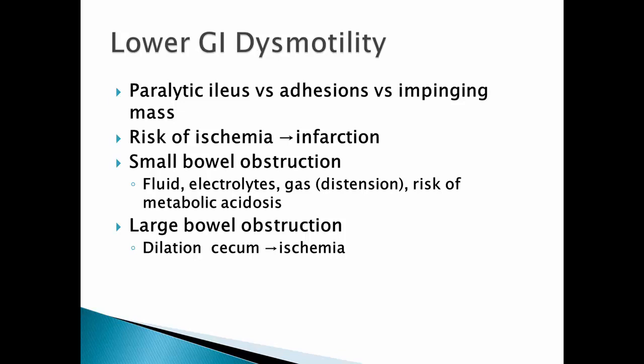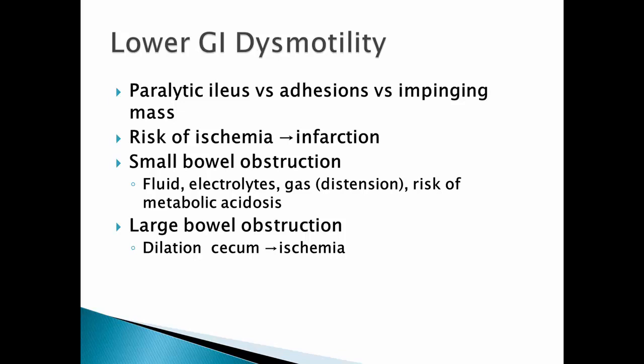That intraluminal pressure can also, because of the decreased venous return, cause edema of the intestinal wall, which then increases capillary permeability and increases the probability of translocation of bacteria and bacterial toxins that normally live in our bowel into the circulation itself.